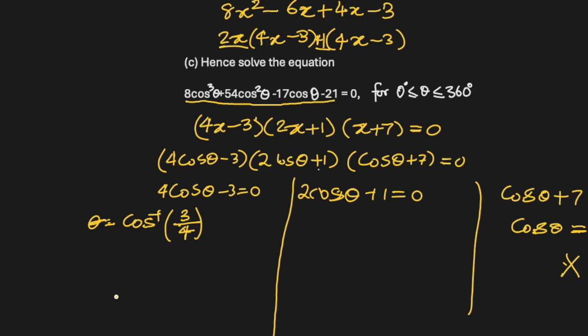Okay, so cos is positive. So if we look at our quadrants, cos is positive where? In the first quadrant and the fourth quadrant, right? So this angle will be cos inverse 3 over 4. And if I use my calculator, I'll get an acute angle. So I'm getting 41.4 for this.